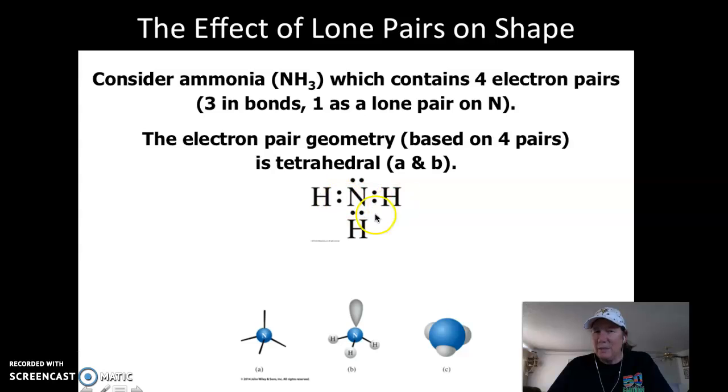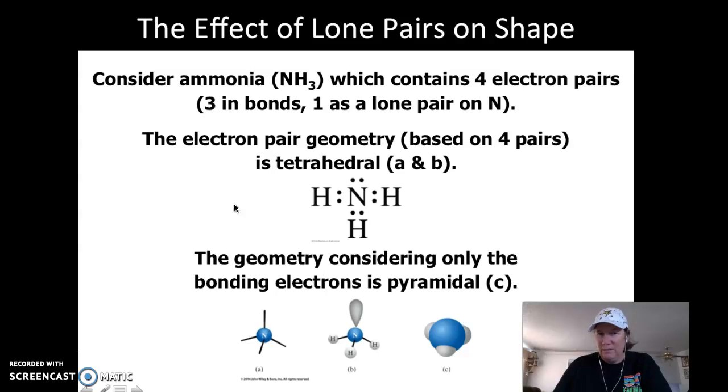So these bonds, instead of being straight across from each other, are going to get squished closer together. And so the shape of this one is not tetrahedral anymore. It's called trigonal pyramidal. And again, it's on this chart, and I'll show you. But really, all you're doing is looking: 3 and 1, and that's going to tell you the shape.